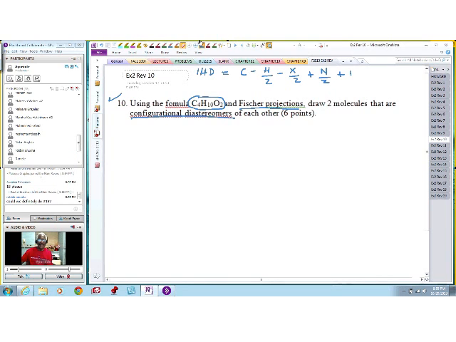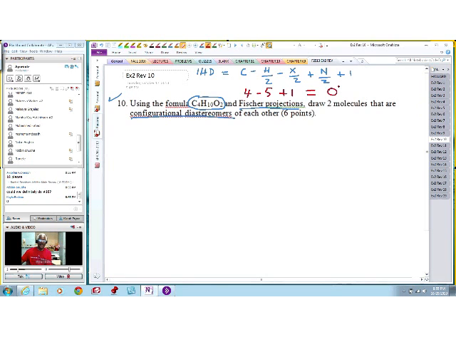Now, let us see. Carbon is 4, hydrogen is 10, so that is minus 5. There is no halogen, so we don't need to worry about that. There is no nitrogen, so we don't need to worry about that. So plus 1, this is 0. What this tells you is there is no double bond or ring in this molecule.